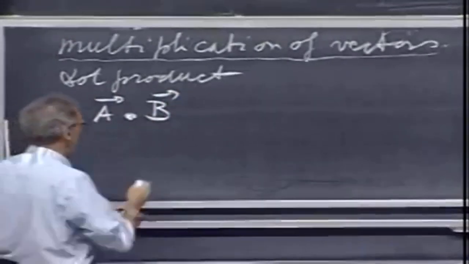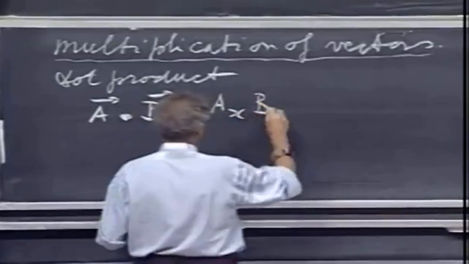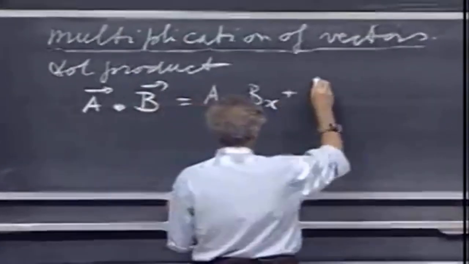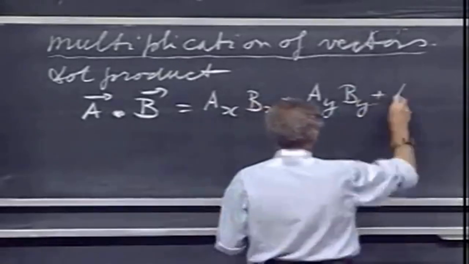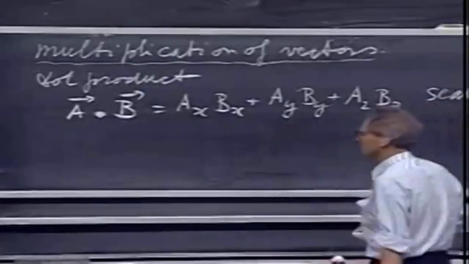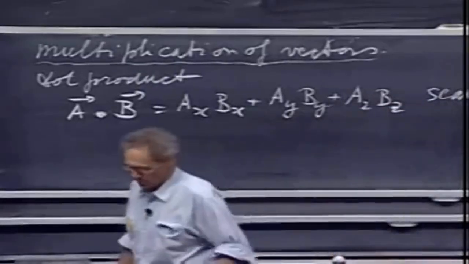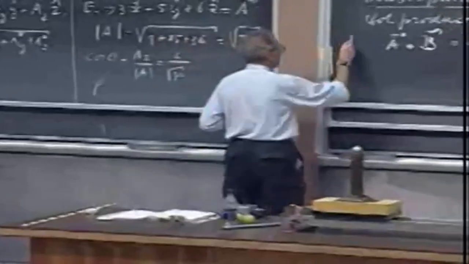And that's defined as, it is a scalar, A of x times B of x, just a number, plus A of y times B of y, that's another number, plus A of z times B of z, that's another number. It is a scalar. It has no longer a direction. That is the dot product. So that's method number one. That's completely legitimate, and you can always use that.